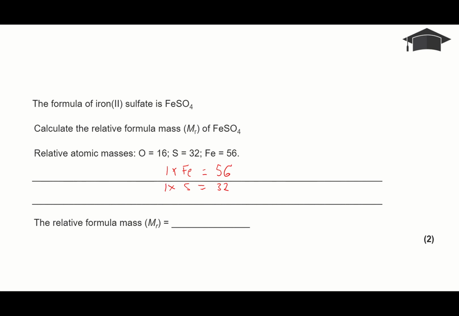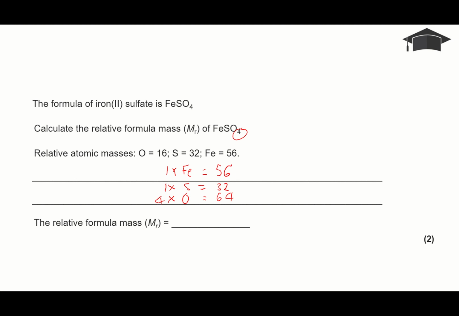And here's the interesting bit. Look at the subscript. There's 4 oxygens, so it's going to be 4 times oxygen. Now that means 4 times 16, which is going to be 64. Now what we need to do is add these up. So punch these numbers into your calculator.